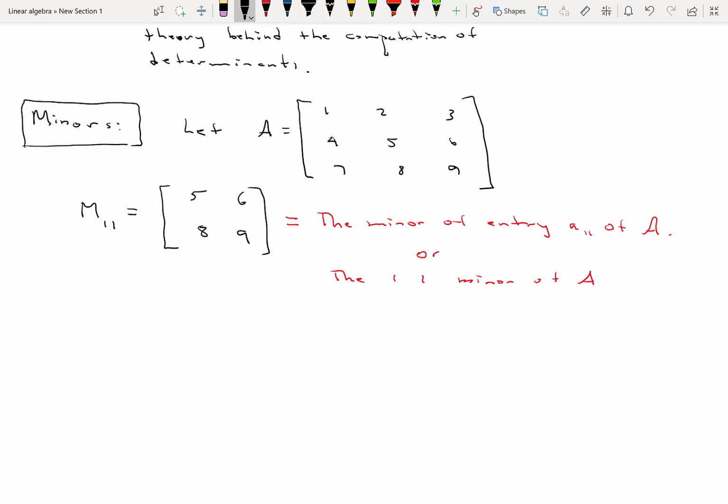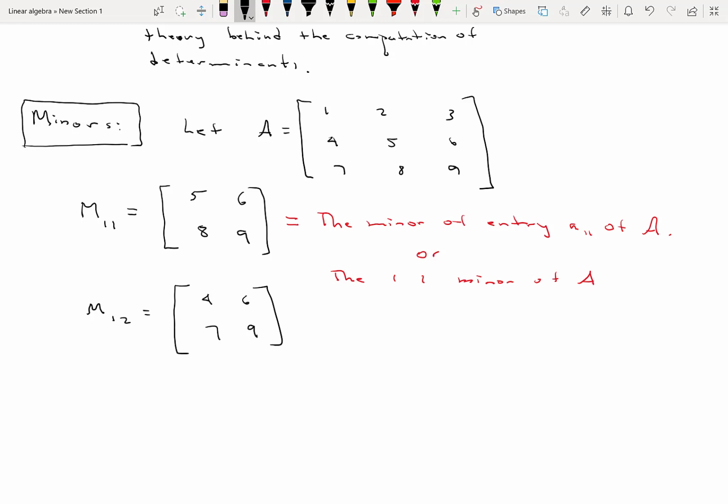So for example, if I want to find the 1, 2 minor of A, that would be 4, 6, 7, and 9.